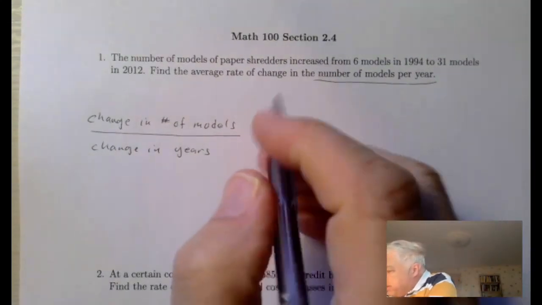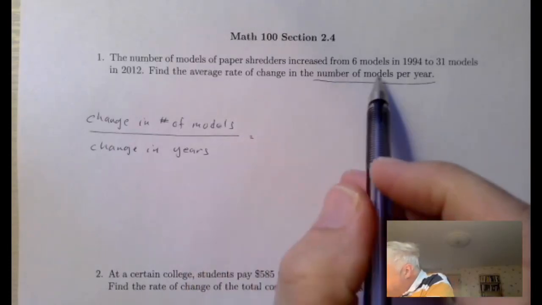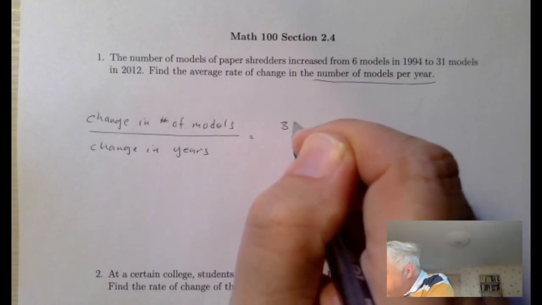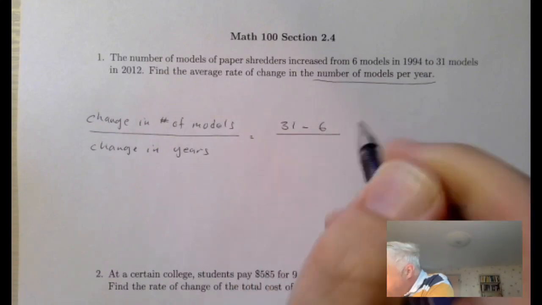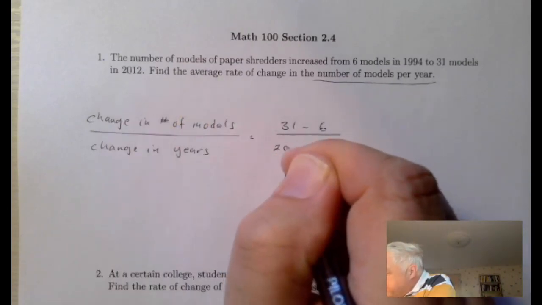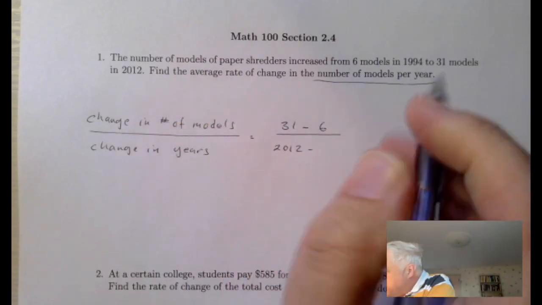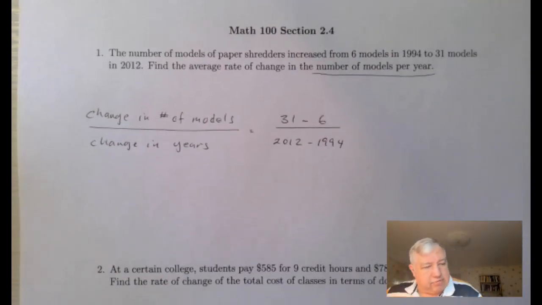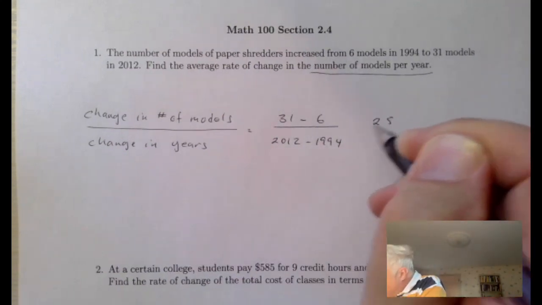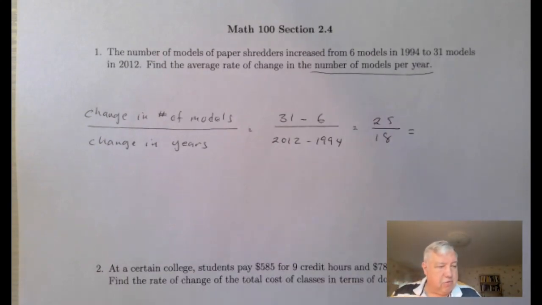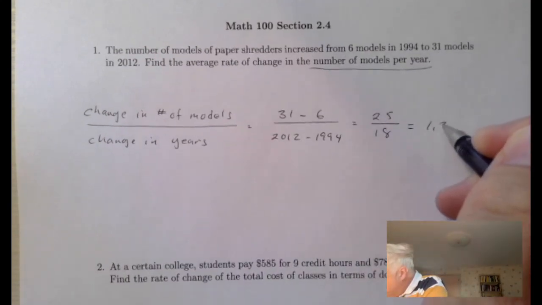All right, so the change in the number of models goes from 6 to 31, or you can say 31 minus 6, and then the change in years would be 2012 minus 1994.